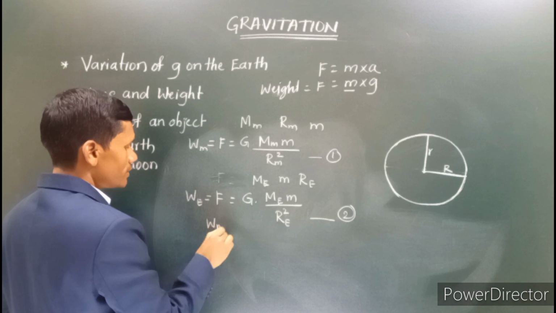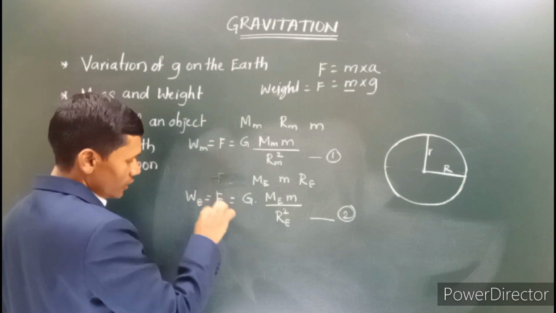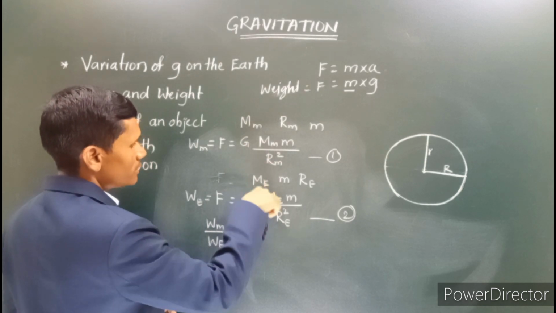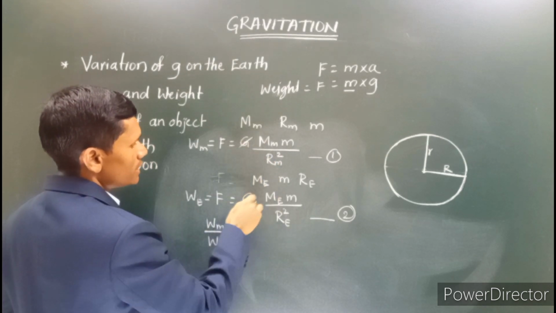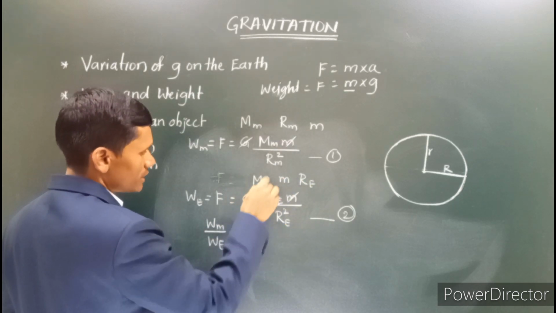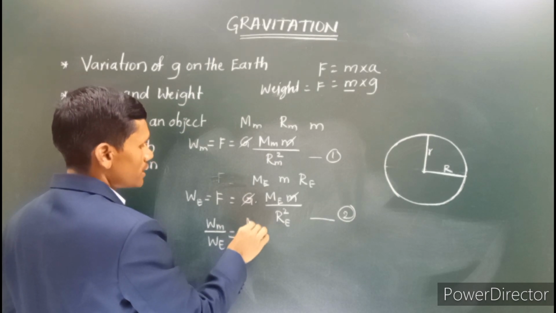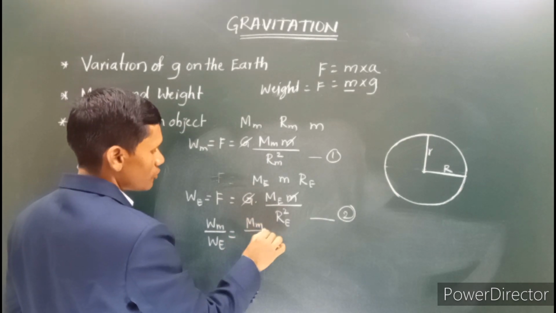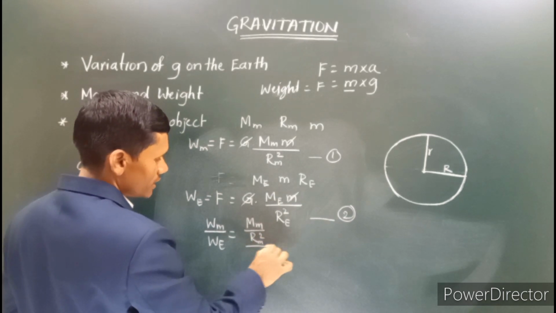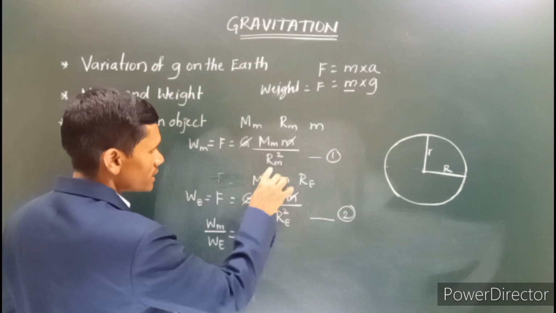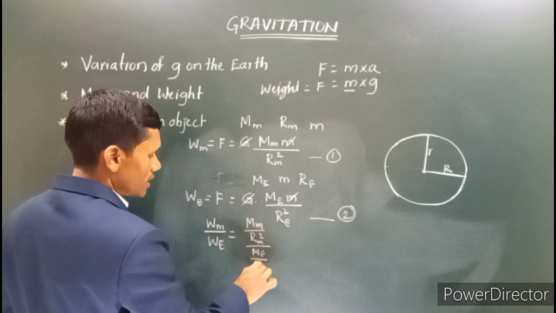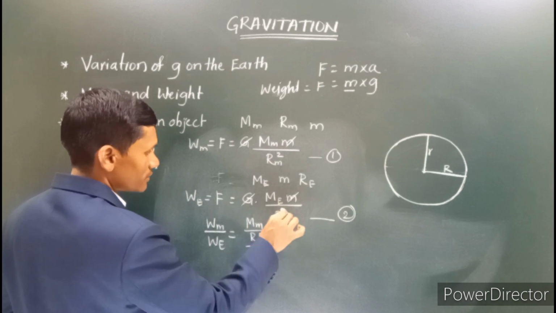Weight on the moon divided by weight on the earth will be equal to, if you divide both equations, the G gets cancelled, and the mass of the object also gets cancelled. What remains is the mass of the moon divided by the square of the radius of the moon, and the mass of the earth divided by the square of the radius of the earth.